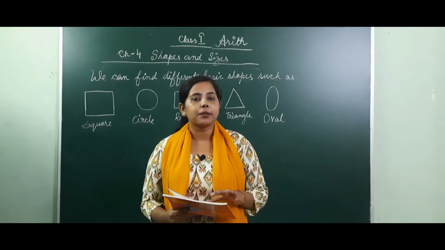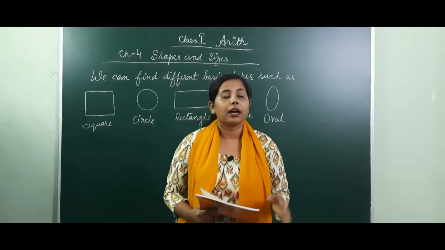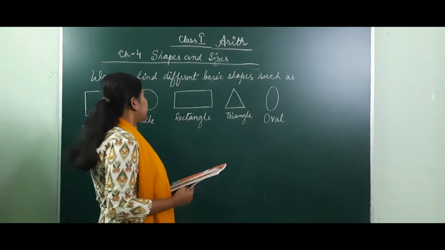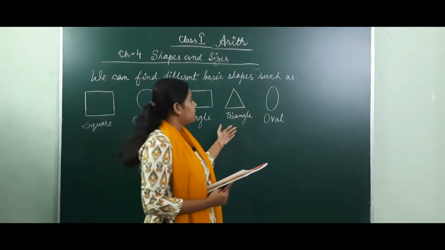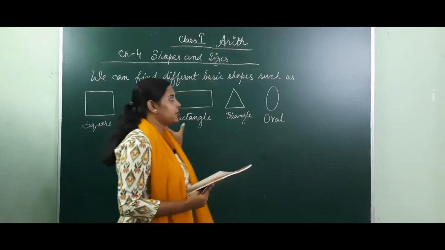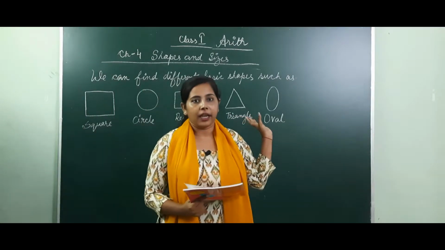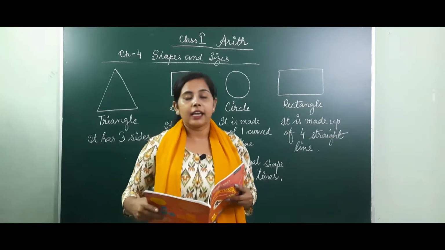Each has different patterns and sizes, but the basic ones are square, circle, rectangle, triangle and oval. We can find these basic shapes everywhere. So let us try to know more about these basic shapes.